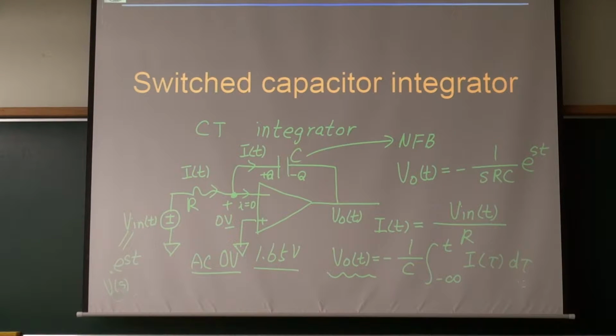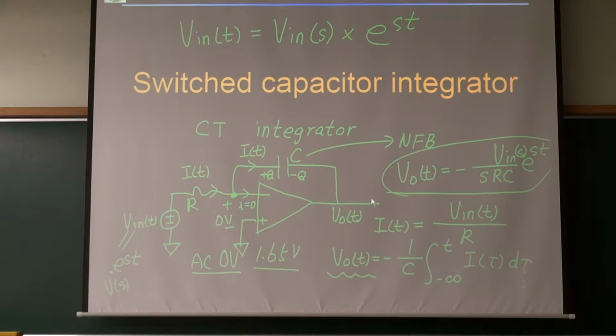There's a frequency component. Yeah, there should be a V in S. So if my V in T is V in frequency component times exponential ST, my VOT will look like that, right? So my transfer function is just this part, which is VOS divided by V in S.